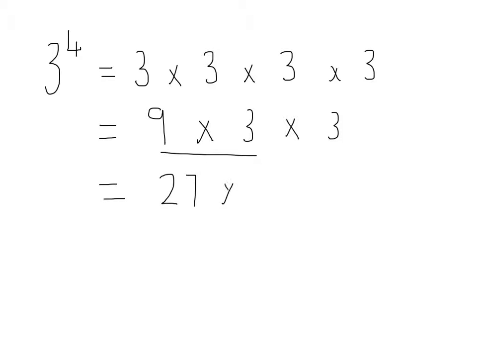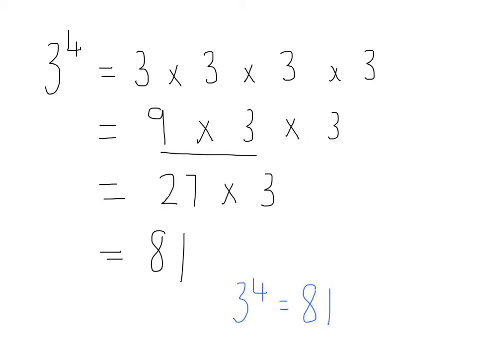And we've still got another times 3 to go. Of course here we could use partitioning to work it out, but Mr. Smith's so clever he knows it anyway, and that answer is 81. So 3 to the power of 4 equals 81.